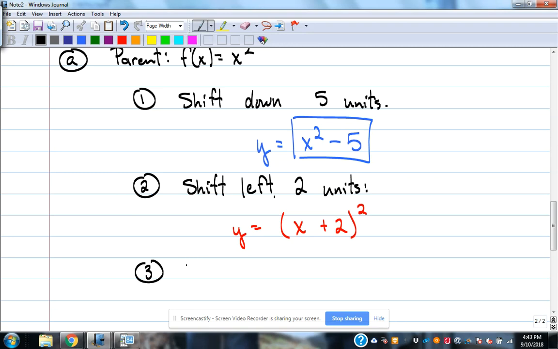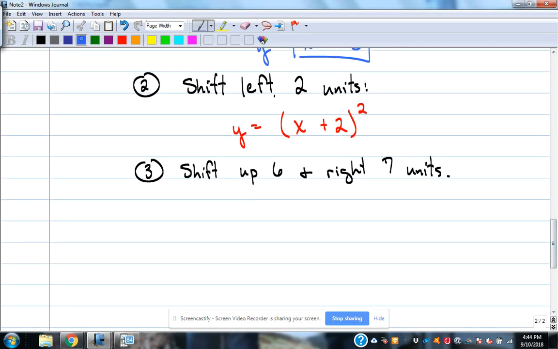Let's combine those. Let's say we shift up 6 and right 7 units. Up 6, right 7. Doesn't matter what order we do that in. We're going to finish it at the end.